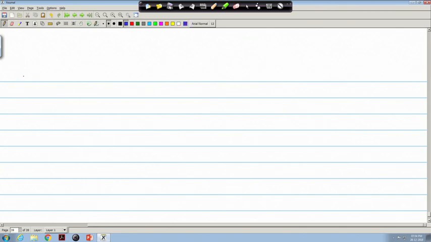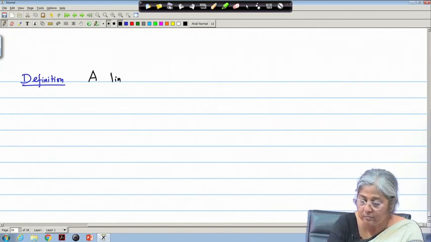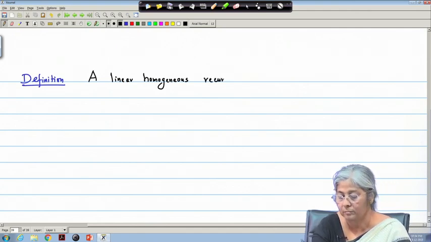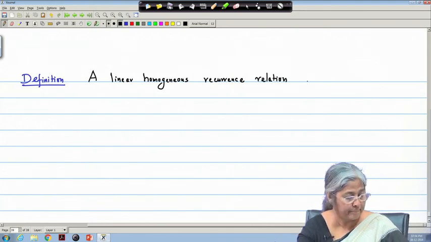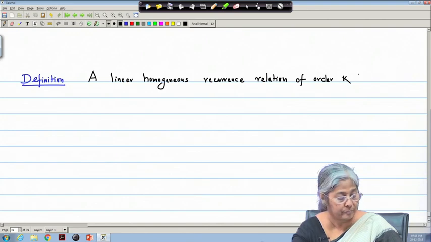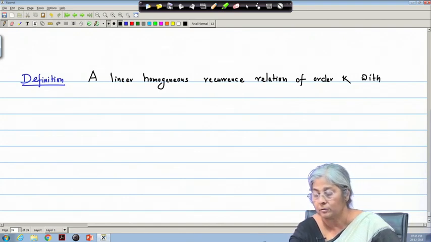So, first we give the definition of a linear homogeneous recurrence relation of order k with constant coefficients.